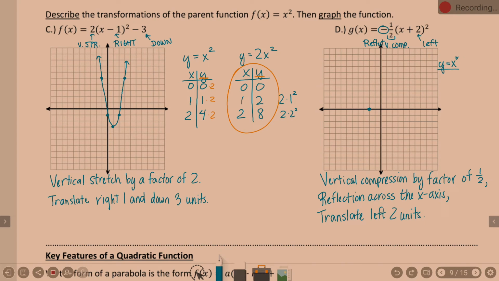We know y equals x squared has the basic points 0, 0, 1, 1, 2, 4. While I'm here, and this is because I know what's coming, if you were to continue this chart past 2, 4, what are other values we could continue with?